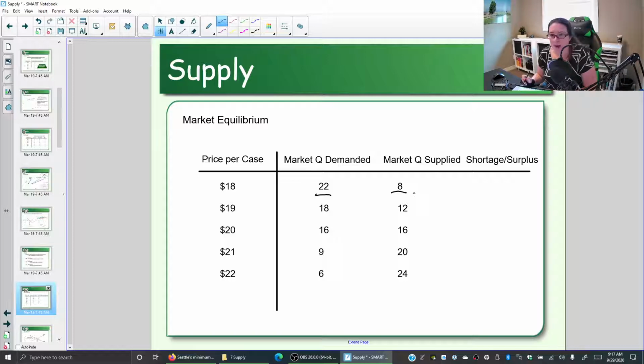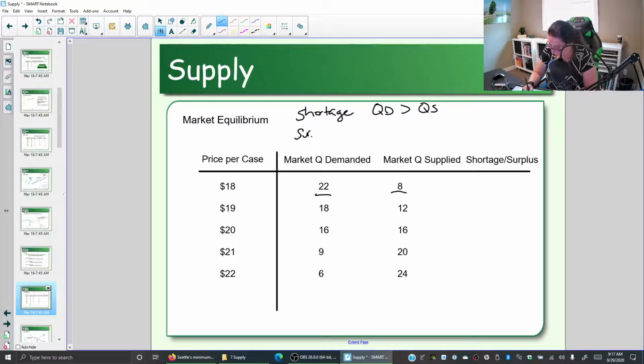So these don't match. Do we have a shortage or a surplus? Well, a shortage is when quantity demanded is more than quantity supplied. We want more than there is.